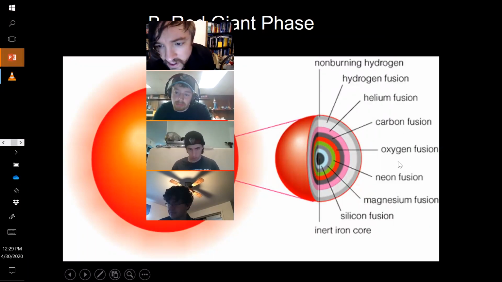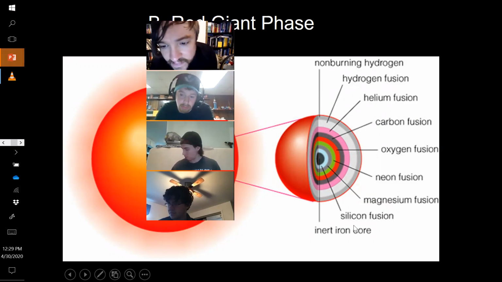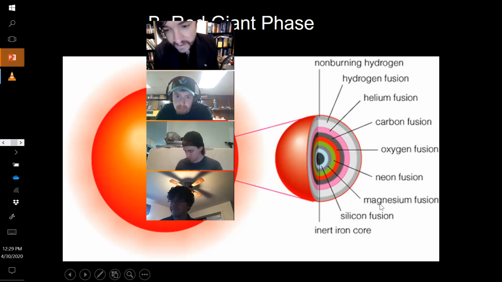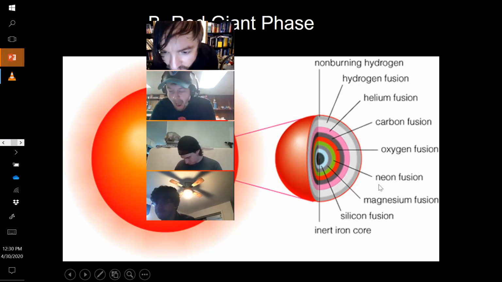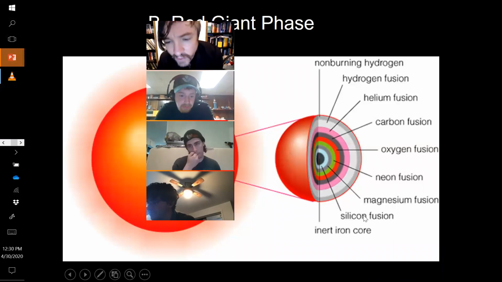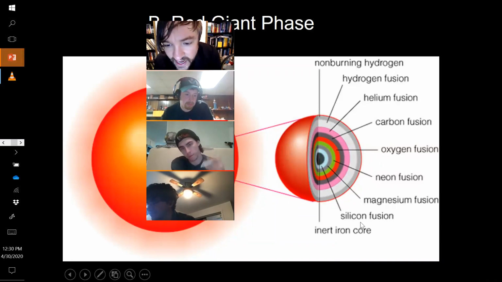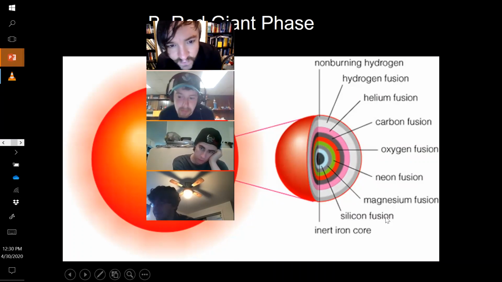First, they form carbon into oxygen and neon and other elements through helium capture, and then the large nuclei start to slam together on their journey towards iron. Each one of these reactions takes an increasingly shorter amount of time, to the point where I believe that silicon fusion to iron fusion, we've calculated, takes about 15 minutes. It takes 15 minutes for a high mass star to go through its final wave of fusion into iron.